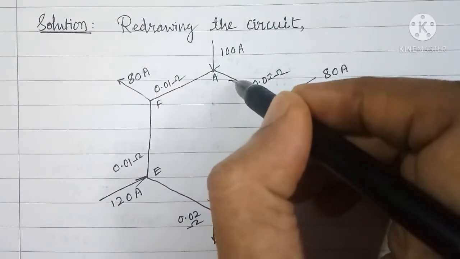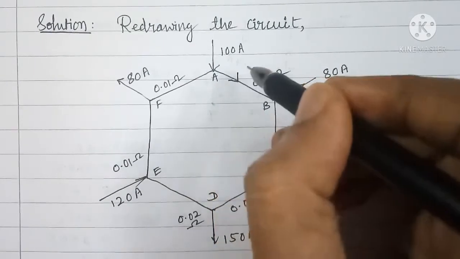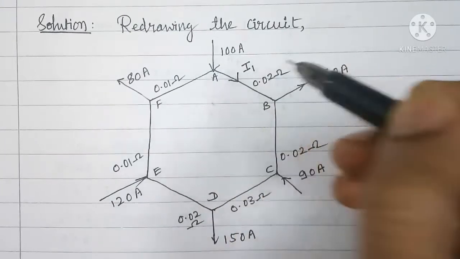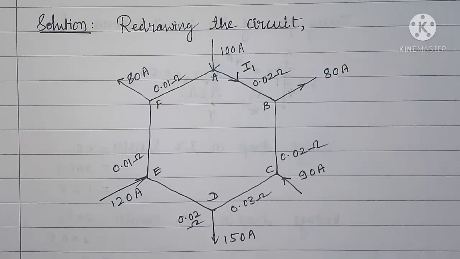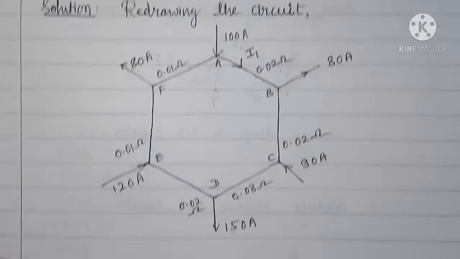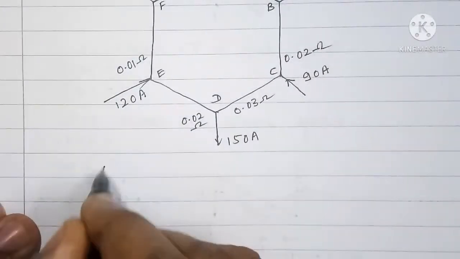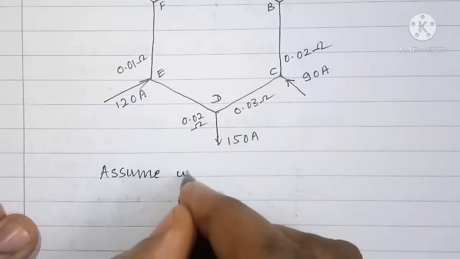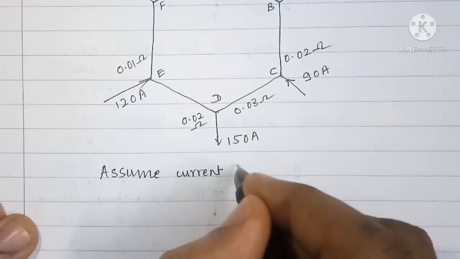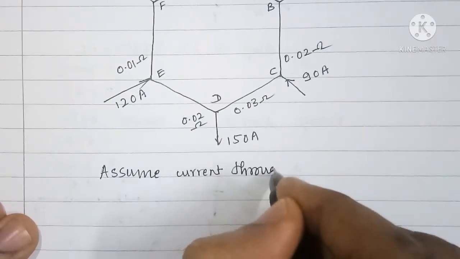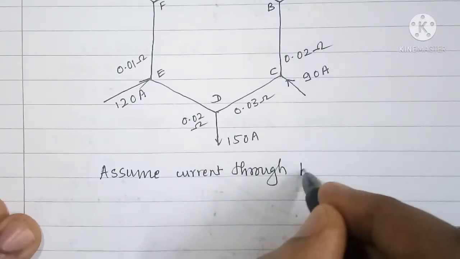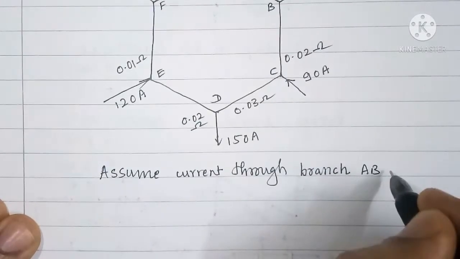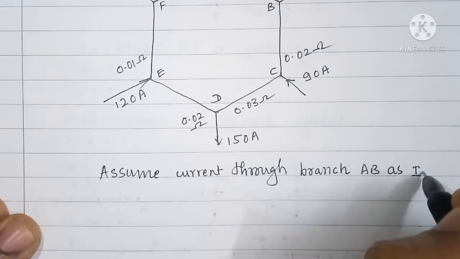We will assume the current through branch AB as I1.